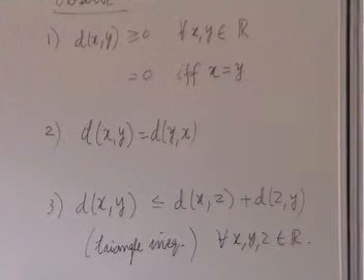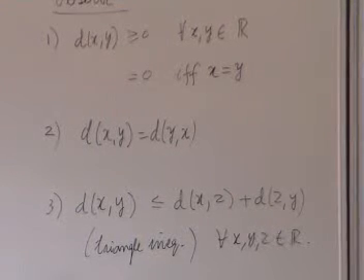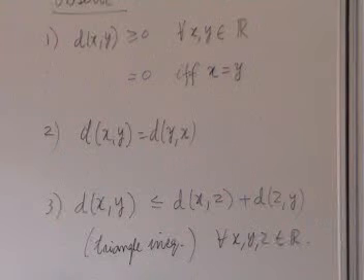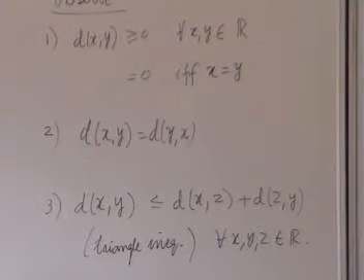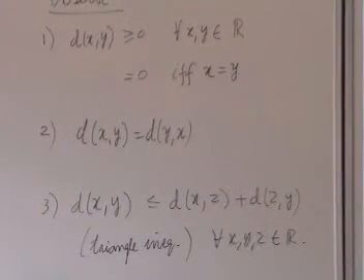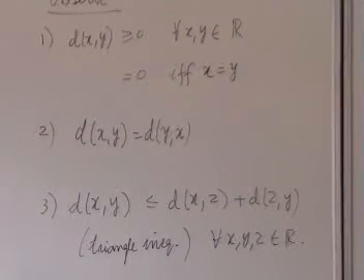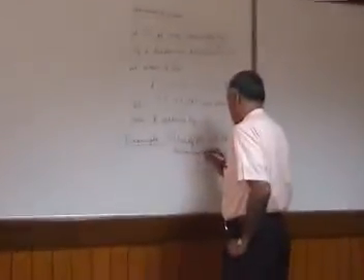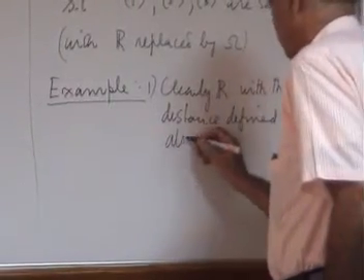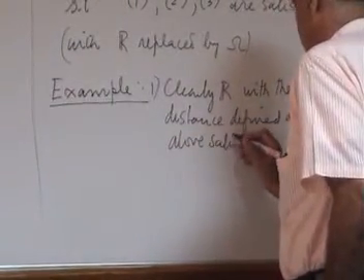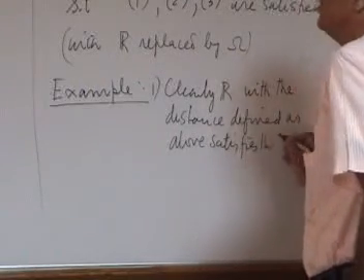Now let's look at one or two examples to start with. Okay. Clearly, R with the distance defined as the absolute value.